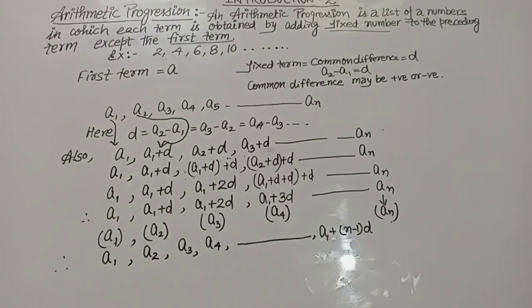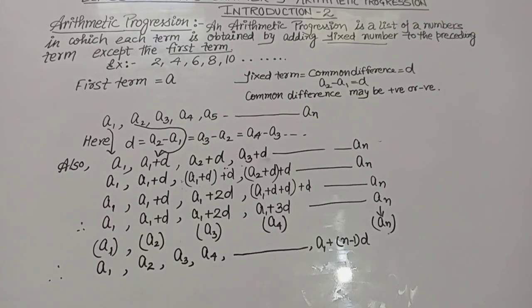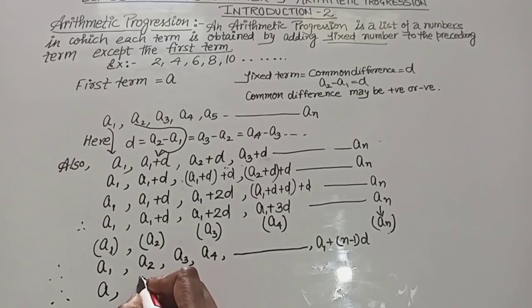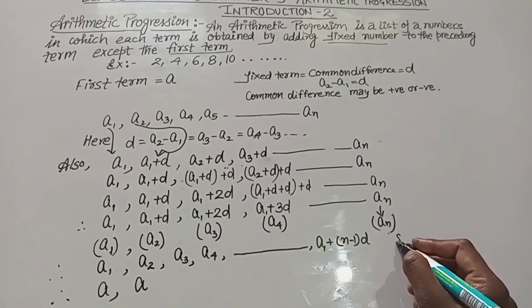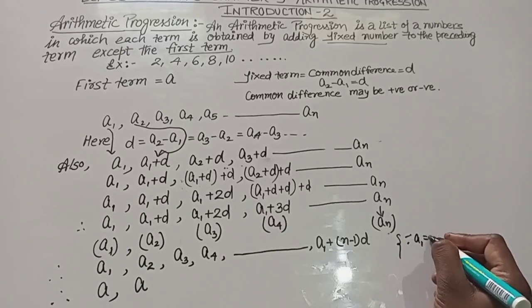A1 plus (n minus 1) into d. So the series is: A1 is equal to a, since A1 is equal to a.